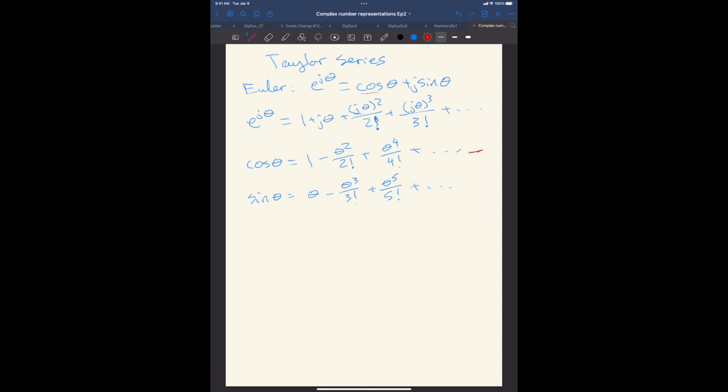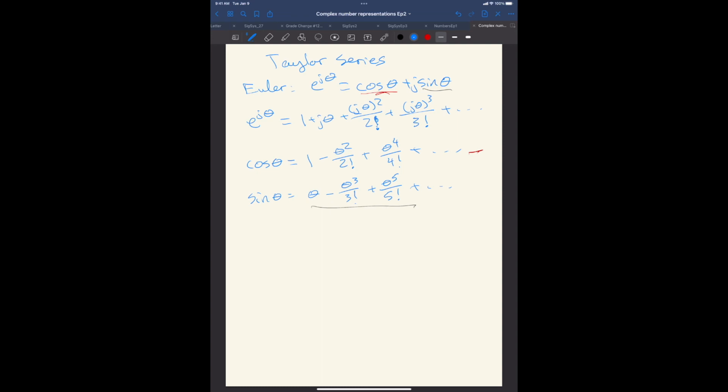here into here, and the sine theta term into the sine theta term, you can pretty much get that I get my result, right?